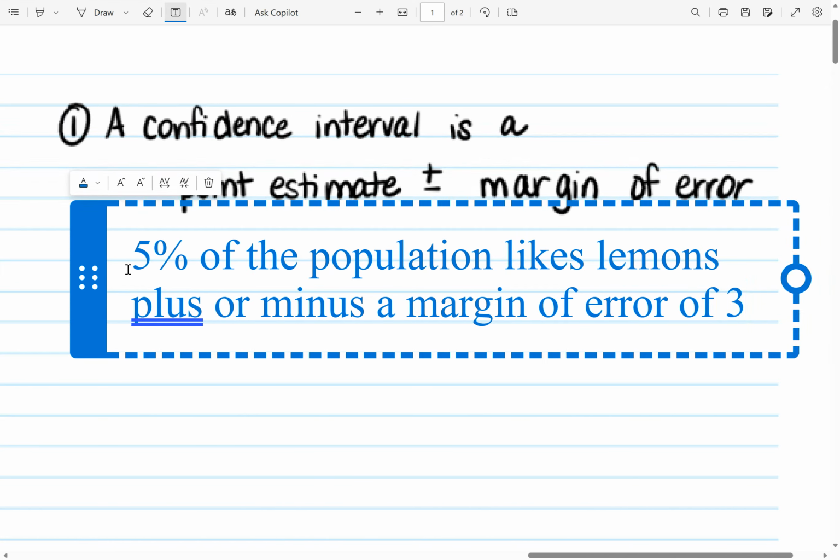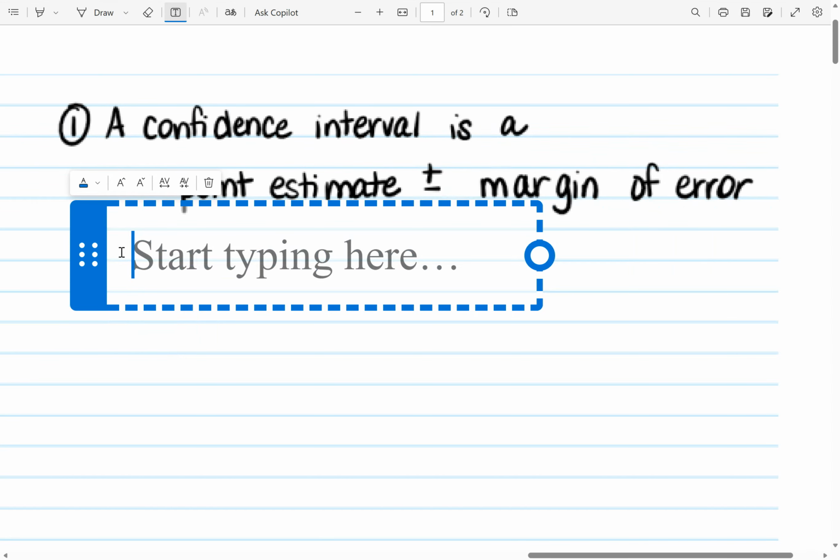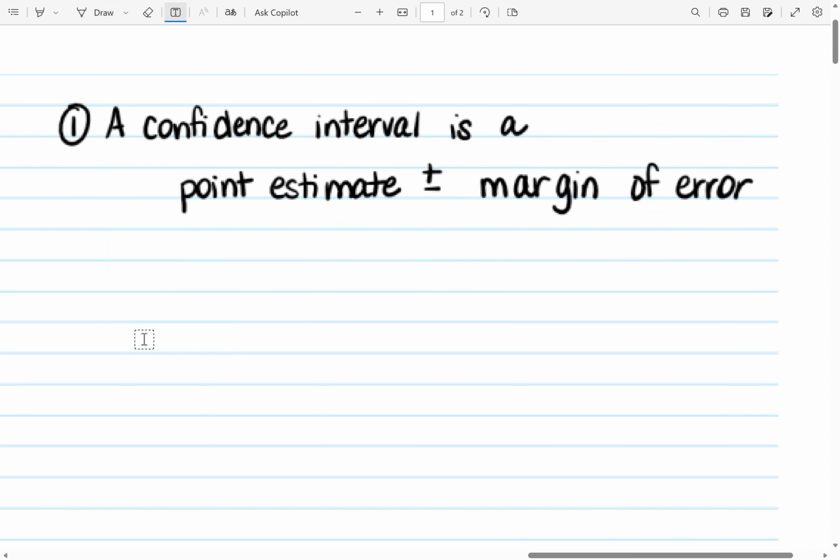So this would be us saying, okay, we're going to make an estimate about the population, about 5% of the population likes lemons, but then we're going to add a margin of error to be a little bit more confident. That's why they're called confidence intervals. The things that make up confidence intervals are a couple of key things. First of all is something called a point estimate.